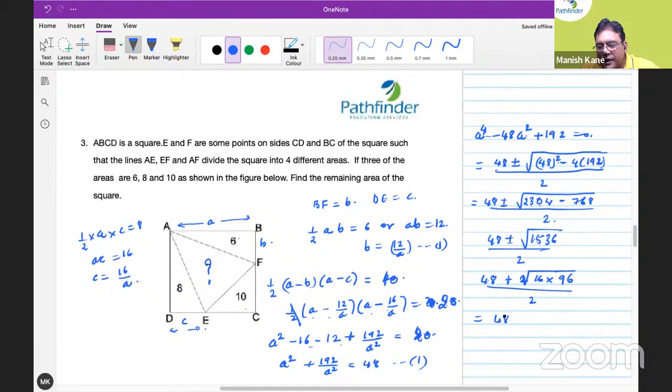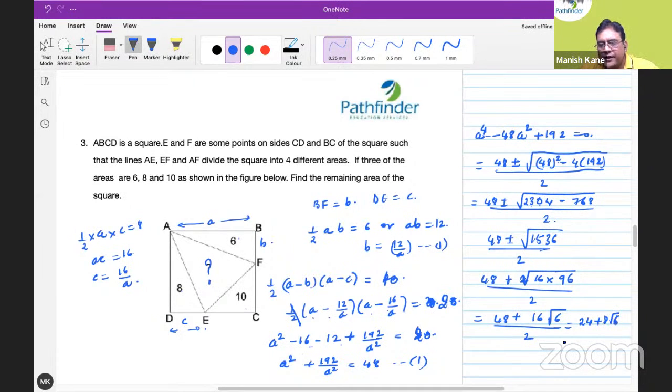This is 48 plus 16 into 6. So I have 16 outside and under root 6 upon 2, which simplifies to 24 plus 8 root 6.